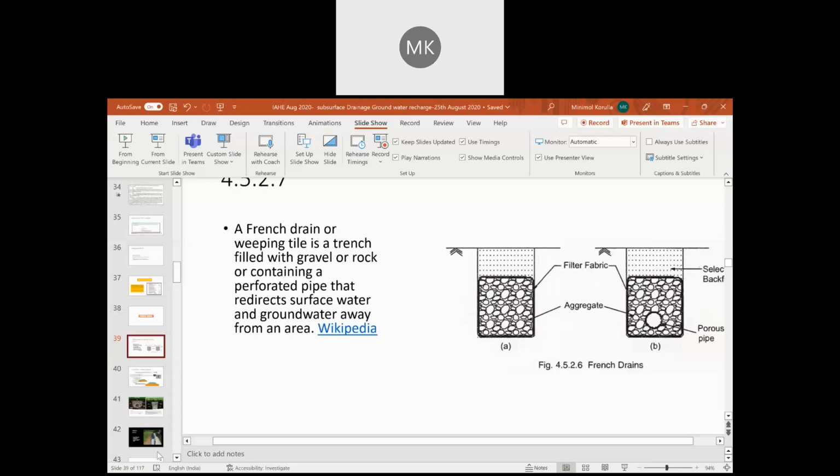And for drainage geocomposite, in the introductory chapter it is described where it stands in the family of geosynthetic structures. Then the second chapter talks about the selection and all.